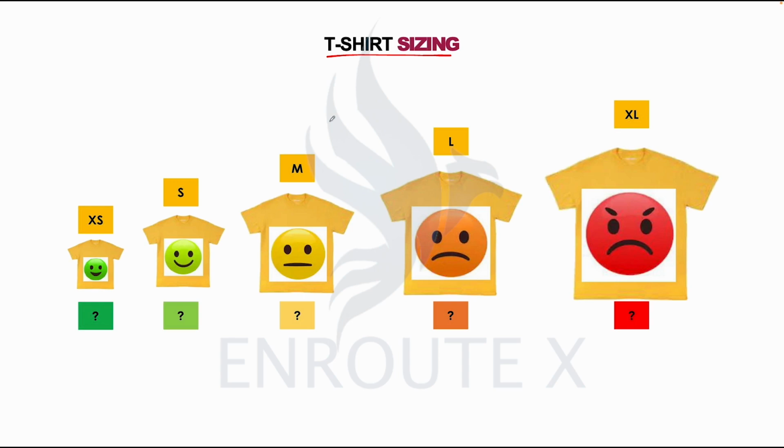All of us that go out to shop would know that shirts, for instance, come in different sizes: extra small, small, medium, large, extra large. So in this, we can relate a piece of work to another piece of work. Let's say, for instance, we are familiar with a piece of work that is small.